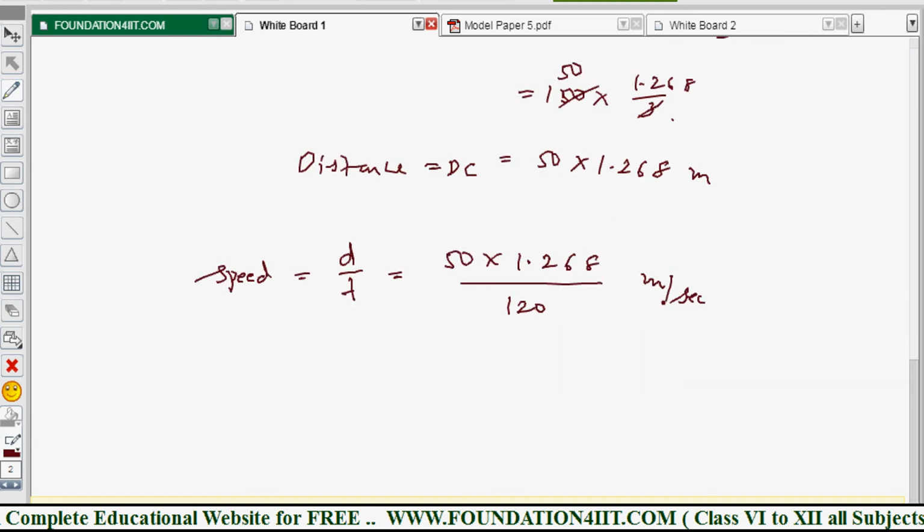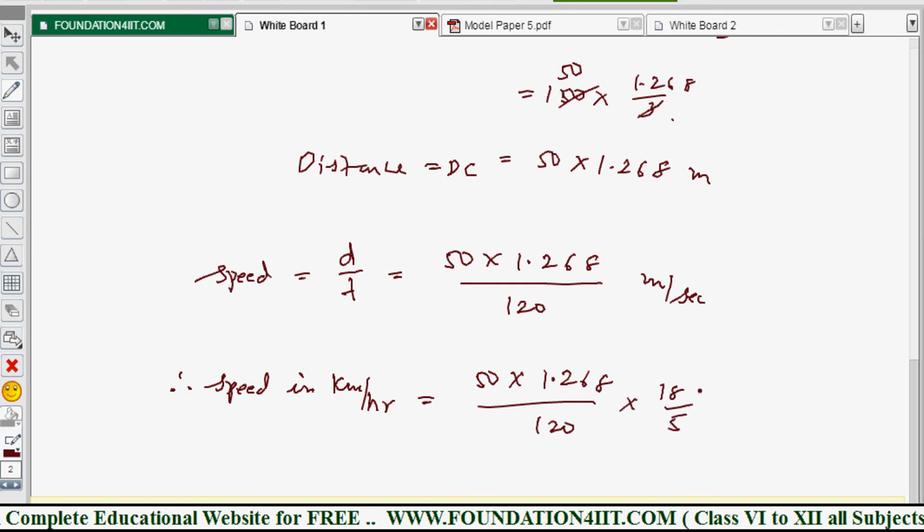But in the calculation we need to find the speed in kilometers per hour. Therefore, if you want to convert into kilometers per hour, just multiply with 18 by 5. So 50 into 1.268 by 120 into 18 by 5. If you multiply by 18 by 5, it converts into kilometers per hour.